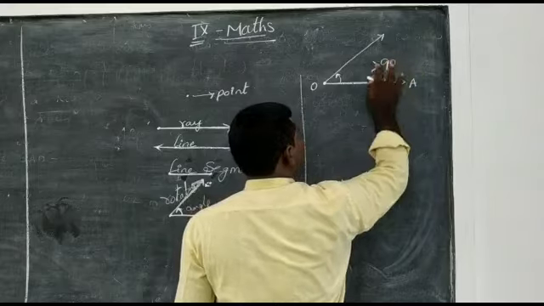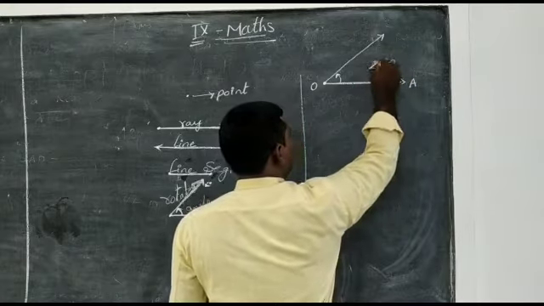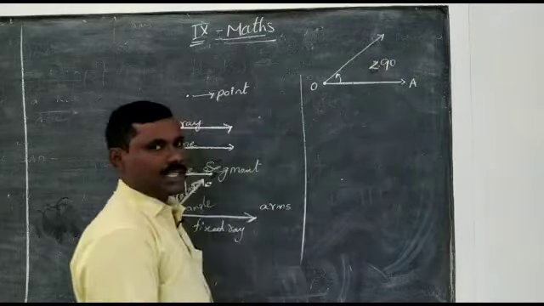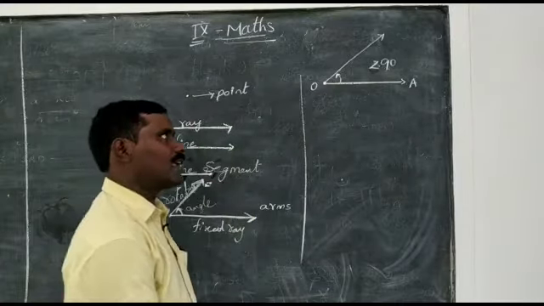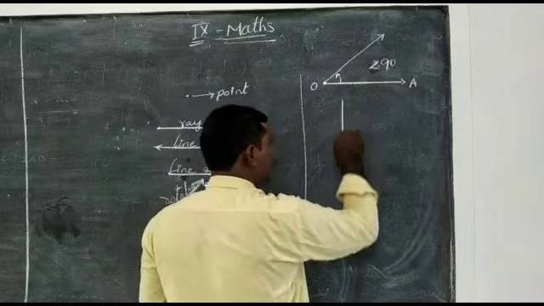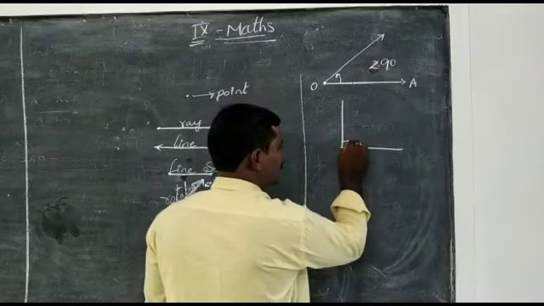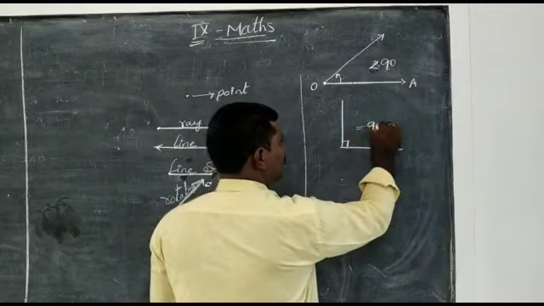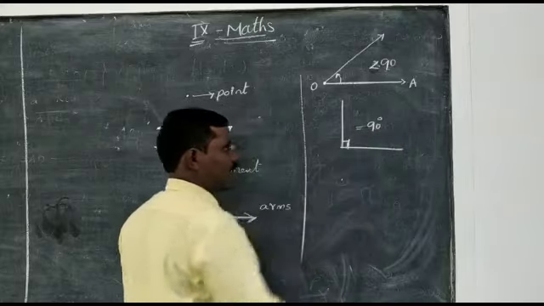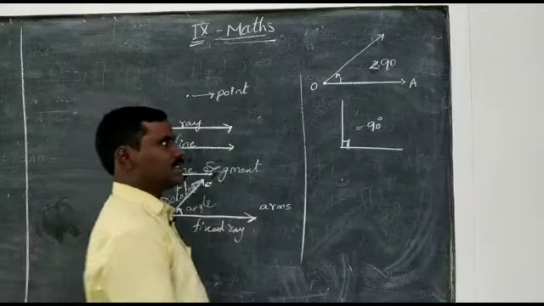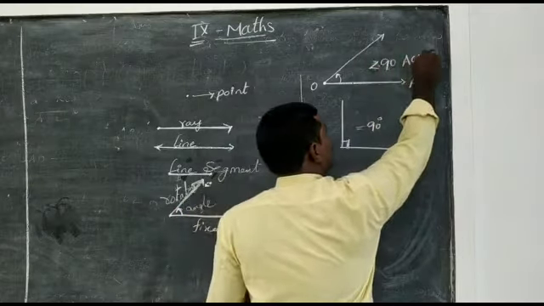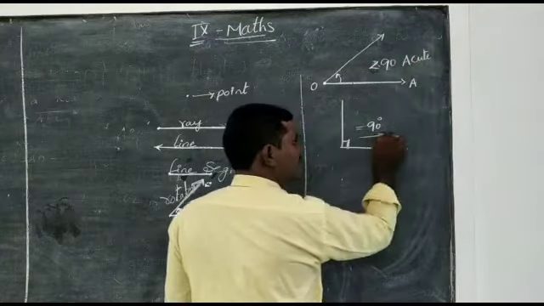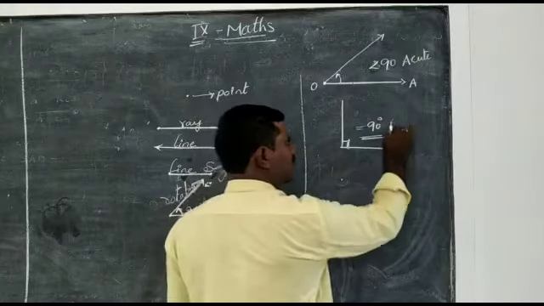If an angle is less than 90, it is called an acute angle. I will take one more angle, which is exactly 90 degrees. If the angle is equal to 90 degrees, it is called the right angle.